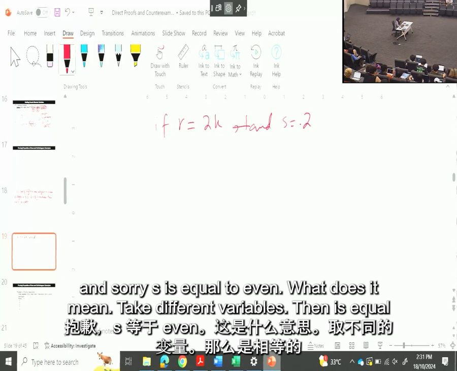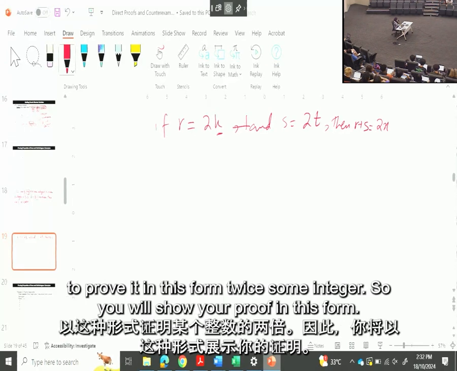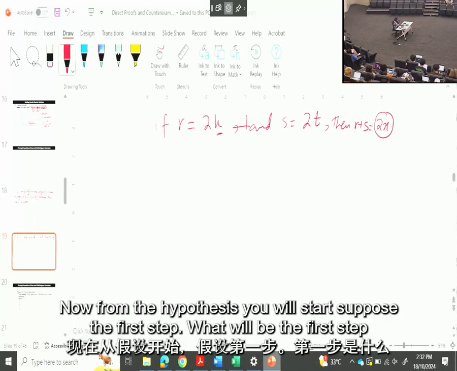What does it mean? Take different variables. Then r plus s is equal to what? Even, right? This is what you have to prove. What does it mean? That you have to prove it in this form, twice some integer. So you will show your proof in this form. Now from the hypothesis you will start.